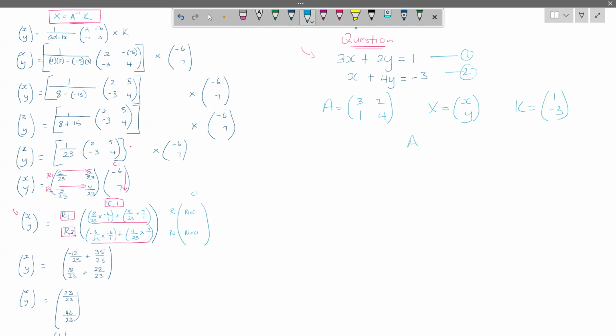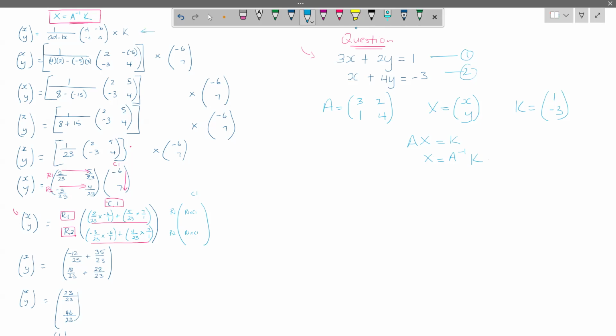Remember that currently, in order to get this pair of equations, A by x is giving us k. So if we want to find x, we have to find A inverse by k. Right? So you're starting from here.